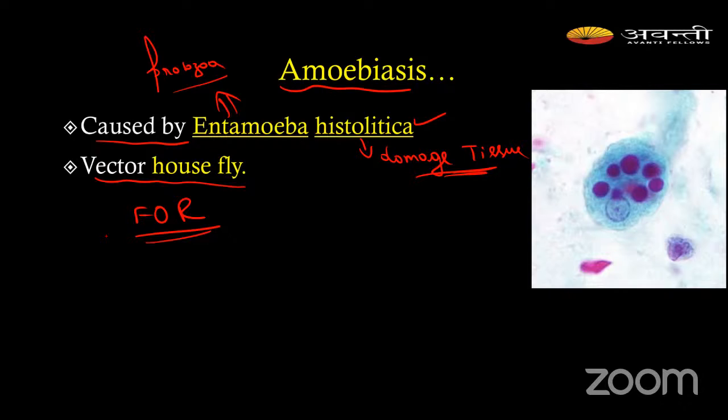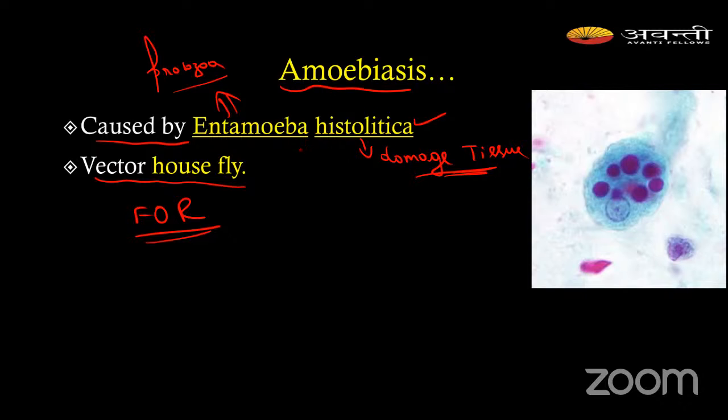This fly carries the spores and releases them onto the vegetables or fruits. Then we simply do not wash the fruits or vegetables and eat them. In that case, it causes the amoebiasis disease. What are the things happening here? We will see. See here what you have to remember.